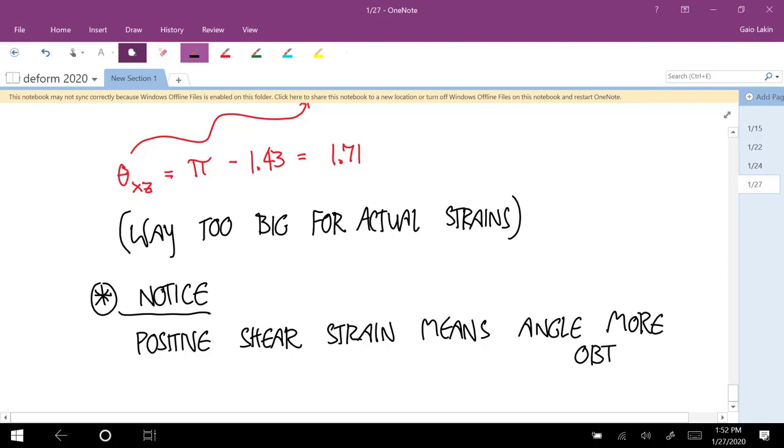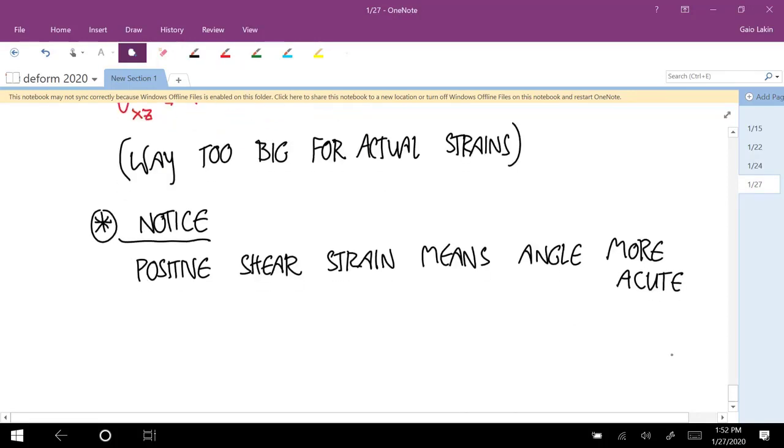Nope. Opposite of that. Means the angle gets more acute. You were thinking about it right, but you had it backwards. For positive. For negative shear strain, that means that the angle gets more obtuse.